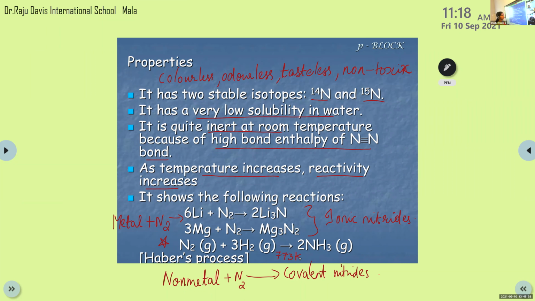Dinitrogen is inert at room temperature, and on increasing the temperature, its chemical reactivity increases and it will react with other atoms or molecules to form compounds. So at 773 Kelvin, nitrogen will react with hydrogen to form ammonia. This process is known as Haber's process.